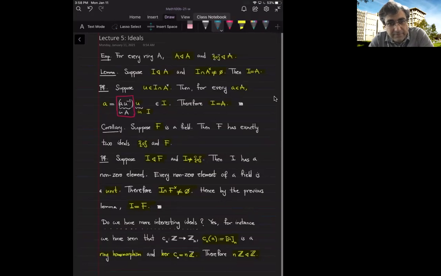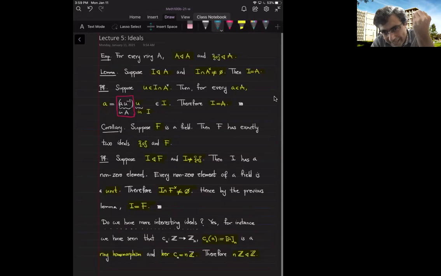And the next lemma is actually interesting. It says that if I give you an ideal, and it has a unit element, then it's the entire ring. Let's see why this is the case. Suppose u is a unit and it is inside my ideal. The critical point is this: if x is inside an ideal, all the multiples of x are also inside it.